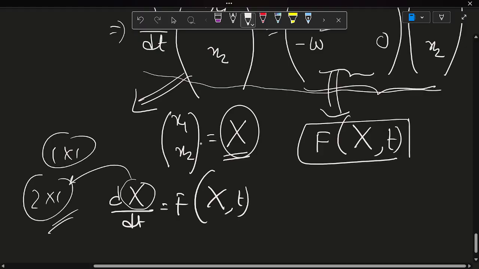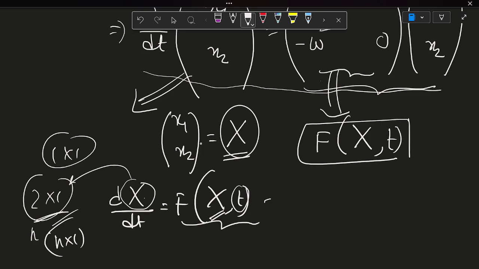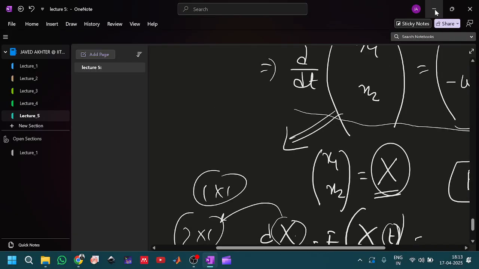Depending on the order of the differential equation, if you have an nth order differential equation, x will be an n cross 1 matrix, and f will depend on the x matrix and also on time. Effectively you will use the same logic, but instead of passing only a scalar, you now have to deal with arrays and matrices. So let me show you how you can do that.